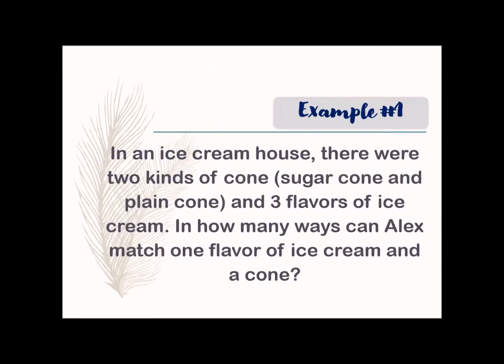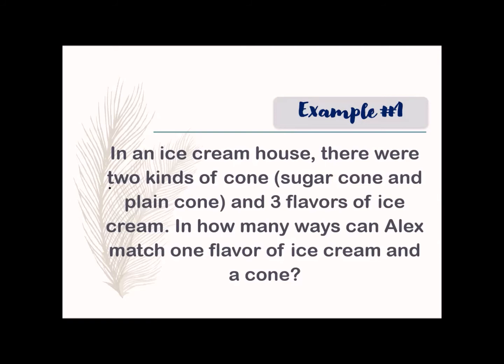So, let's have this first example. In an ice cream house, there were 2 kinds of cone, the sugar cone and the plain cone, and 3 flavors of ice cream. In how many ways can Alex match 1 flavor of ice cream and the cone? So, take note of this. Ano-ano ang dapat, ano yung pinag-uusapan natin dito?